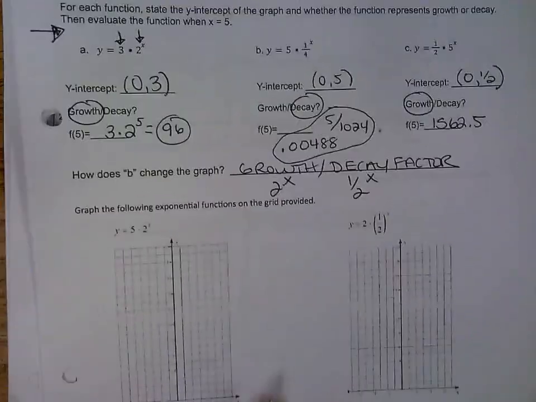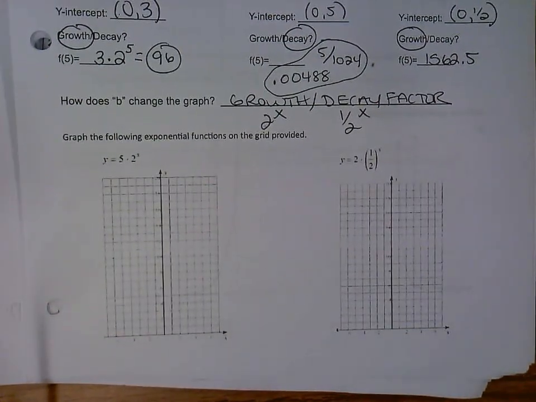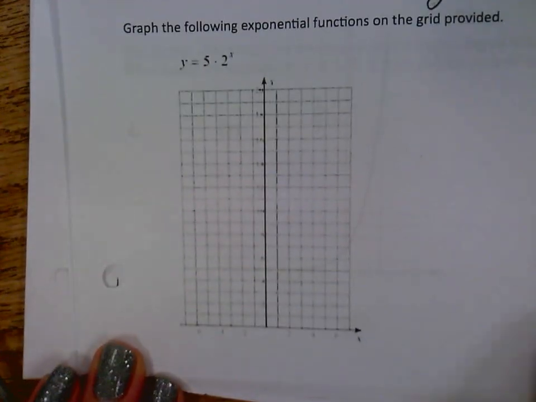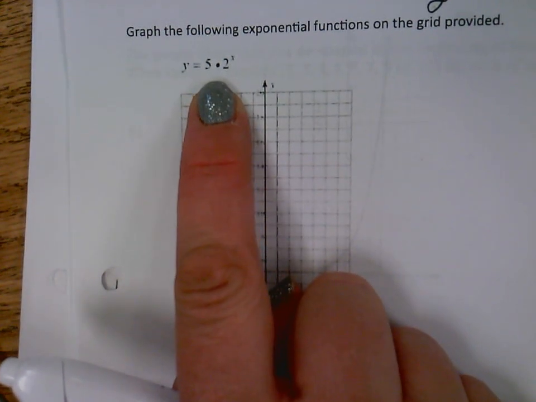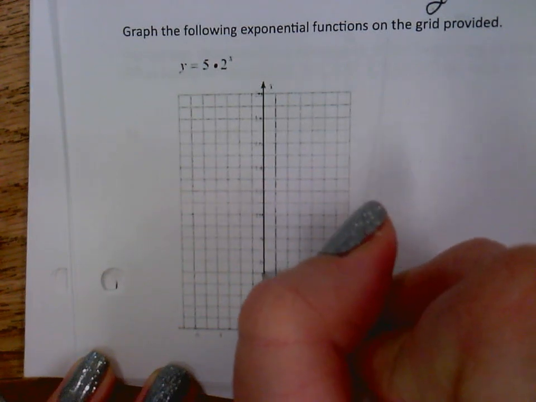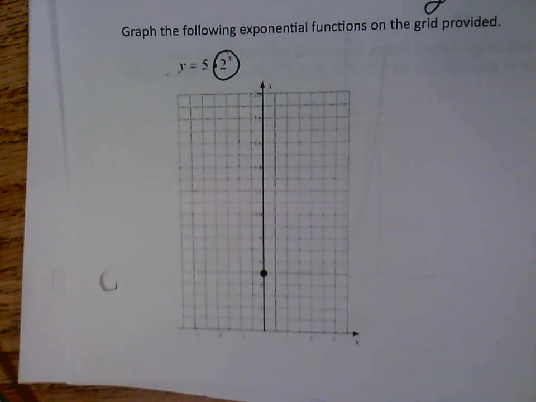I want to show you that graphing these is a little bit different than what we're going to do after lunch. You don't have to make a table of values for these. First step would be to find your y-intercept. Sorry, this is a little bit faint. This is 5 times 2 to the x. What's my y-intercept on this one? 5. So I'm going to mark off at 5: 1, 2, 3, 4, 5. What does this 2 to the x tell me to do?